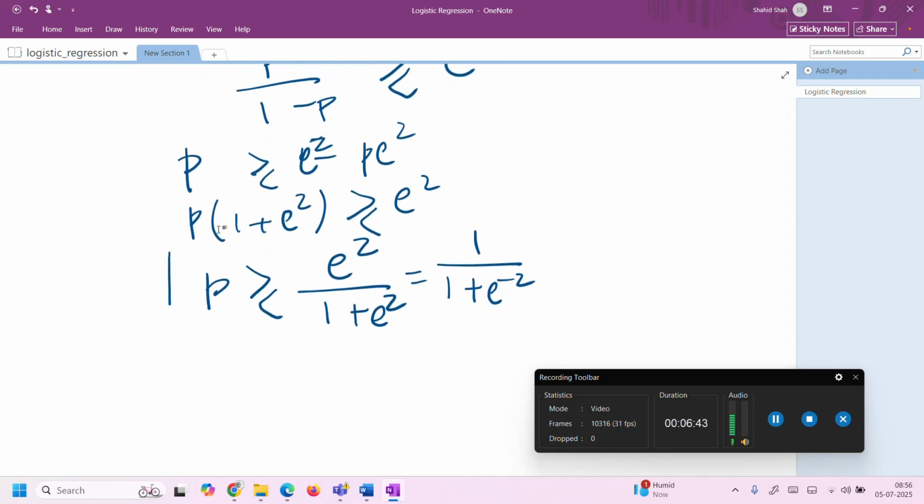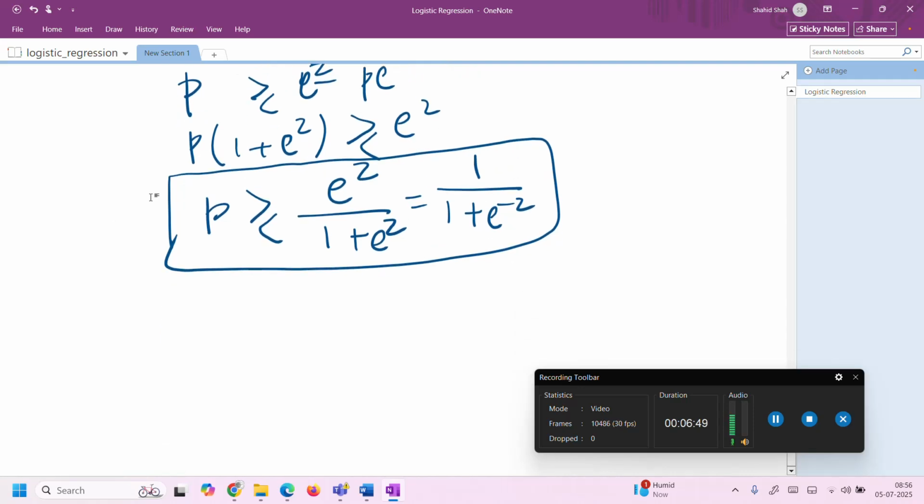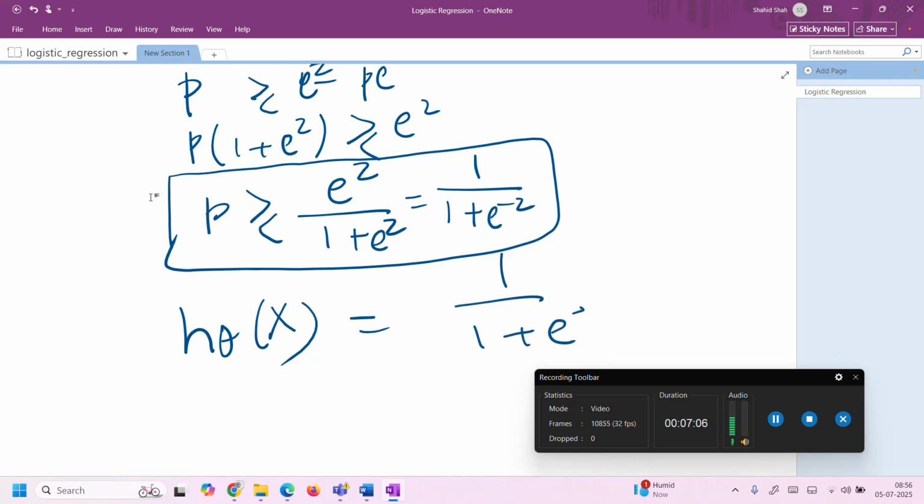So this is sort of a probability, that is, the probability of a student getting placed or not. Okay, definitely, since it is a probability, it will be between 0 and 1. Now this can be used as a hypothesis function. How? What we will do is replace this z by theta 1 x plus theta naught.